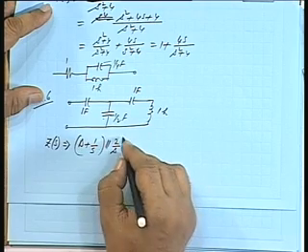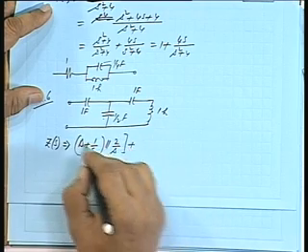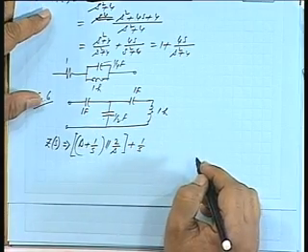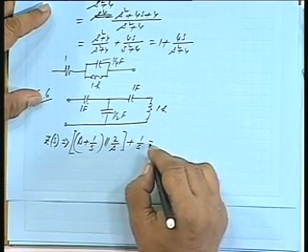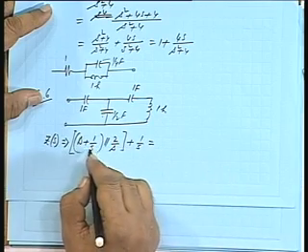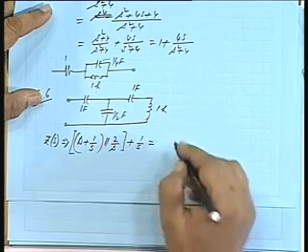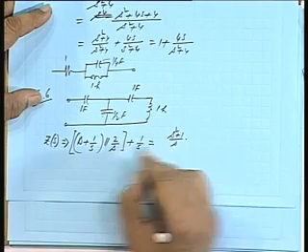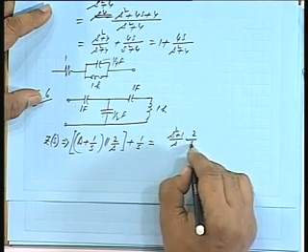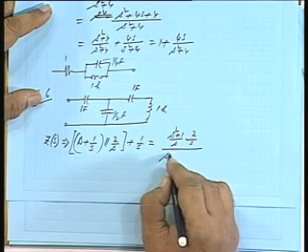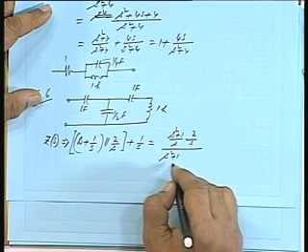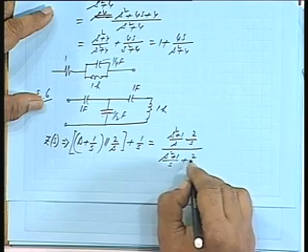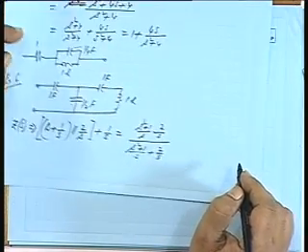Okay. This combination is in series with 1 by s, is it not? So, let us simplify this. This is (s squared plus 1) by s. So, (s squared plus 1) by s into 2 by s, divided by (s squared plus 1) by s plus 2 by s. Okay.